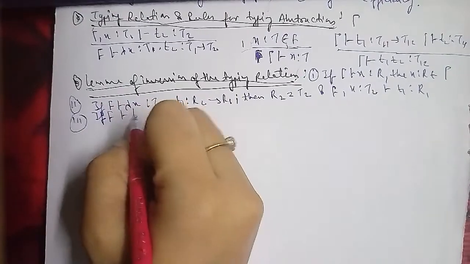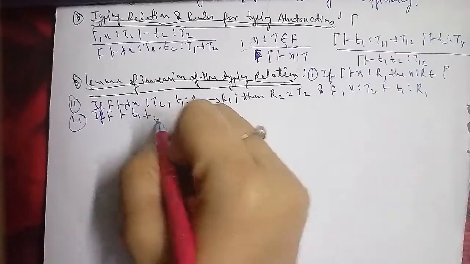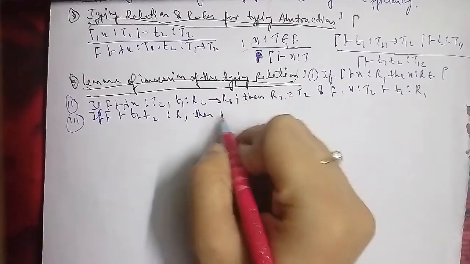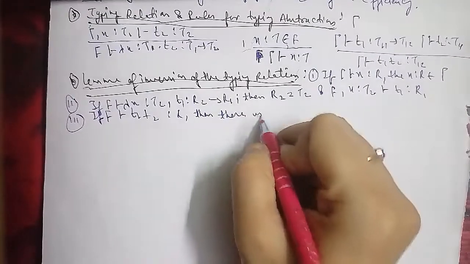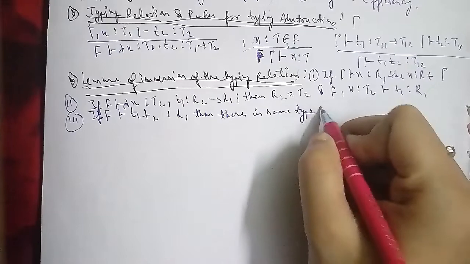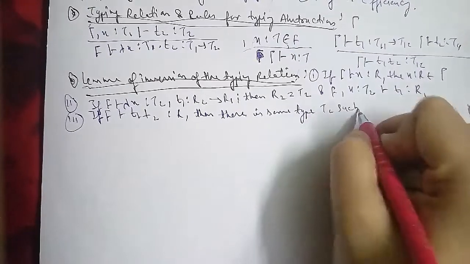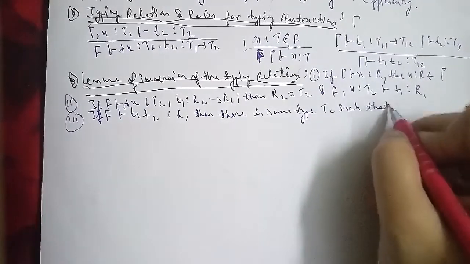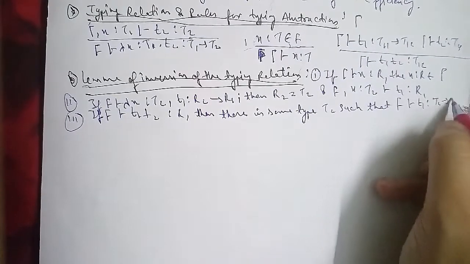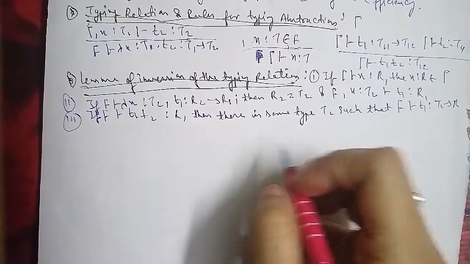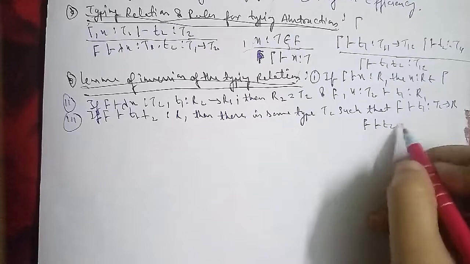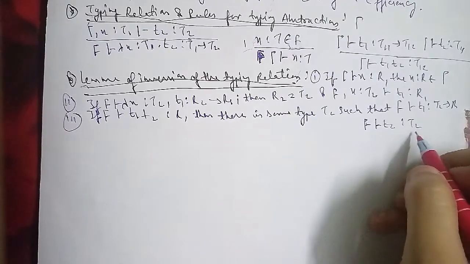Now the fourth one we have here, which is: if Γ ⊢ true : R, then R equals Bool. And the fifth one we have: if Γ ⊢ false : R, then R equals Bool.